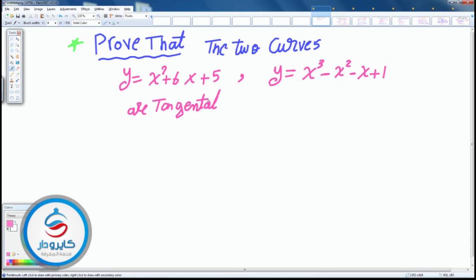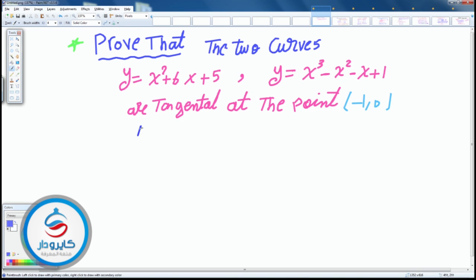Tangential means touching each other. At the point, tangential where? At the point negative 1 and 0. Okay.